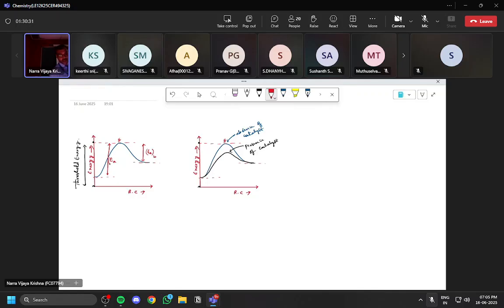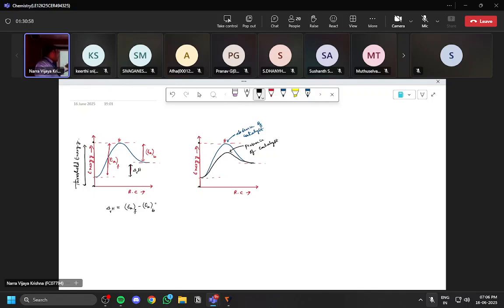This is energy of activation for forward. Then what about this gap? Delta H of reaction. We call that delta H of reaction. Now I am writing delta H of reaction as energy of activation for forward minus energy of activation for backward.